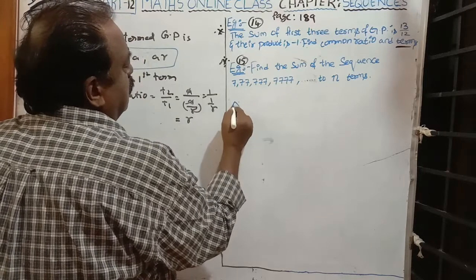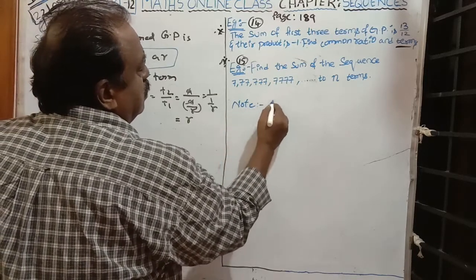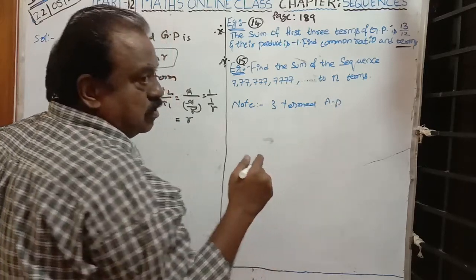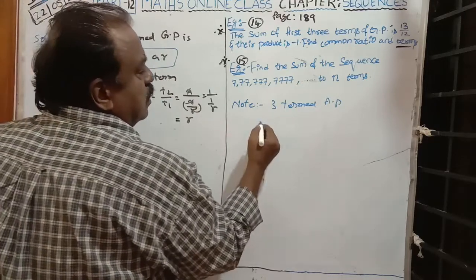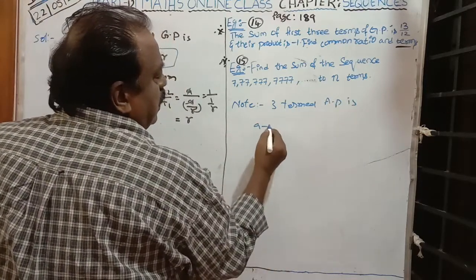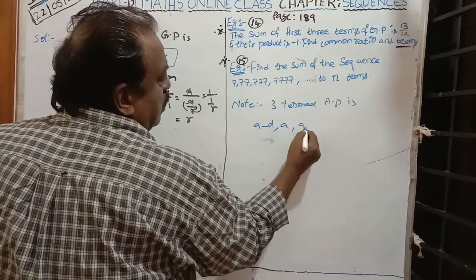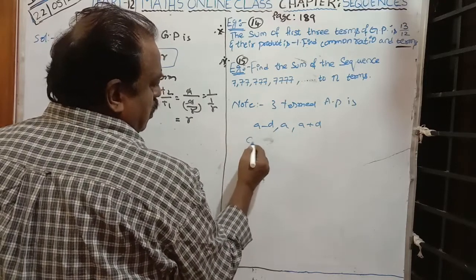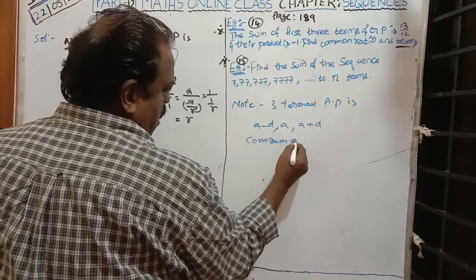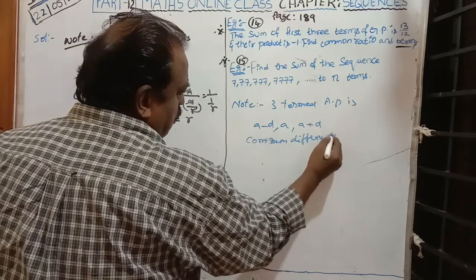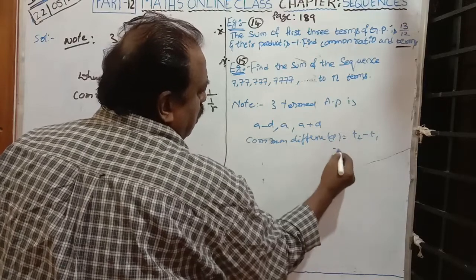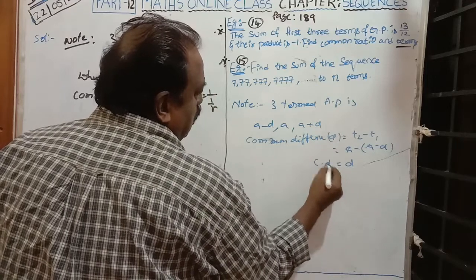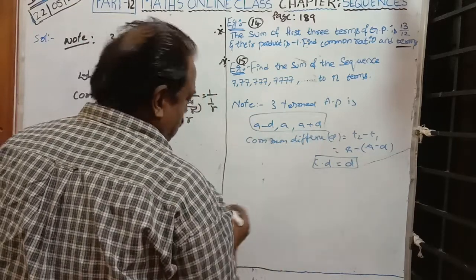Here I will write a note: a 3-termed AP is A minus D, A, A plus D. Here the first term is A minus D, and the common difference is T2 minus T1, A minus (A minus D), which is equal to D. So the common difference is D. It is a 3-termed AP.